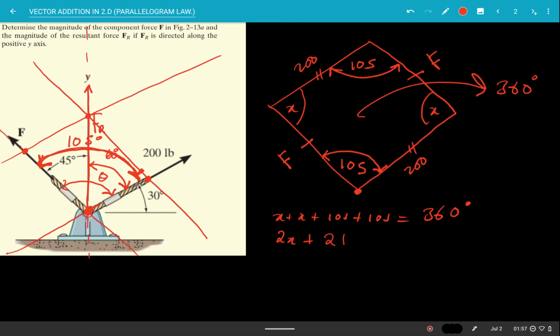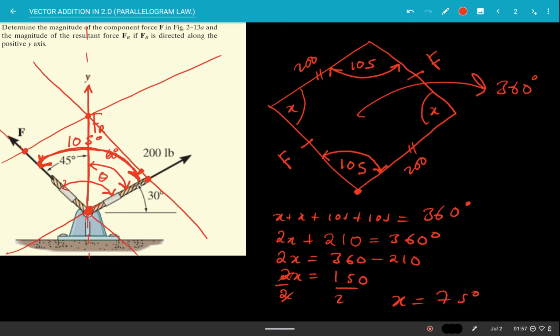So 2x plus 210 is equal to 360 degrees. So 2x is equal to 360 minus 210, that is about 150. Divided by 2, x is equal to 150 divided by 2, that is 75 degrees. So this means we have 75 degrees there, and we also have 75 degrees there. So I found all the missing angles.